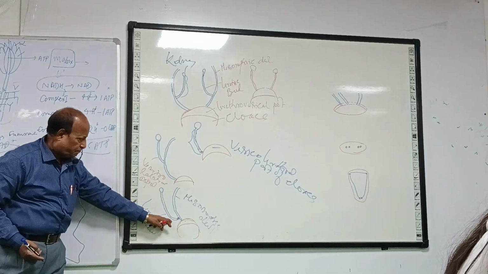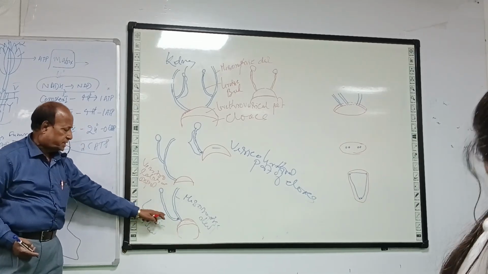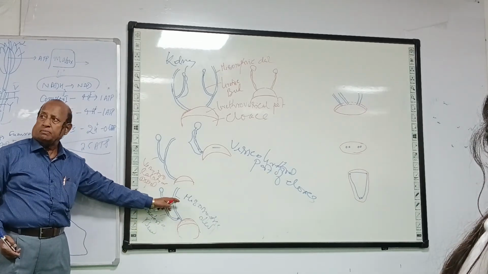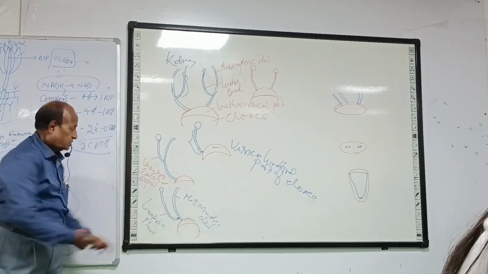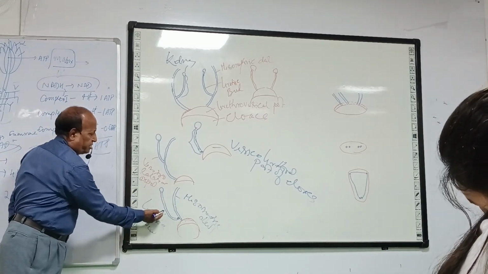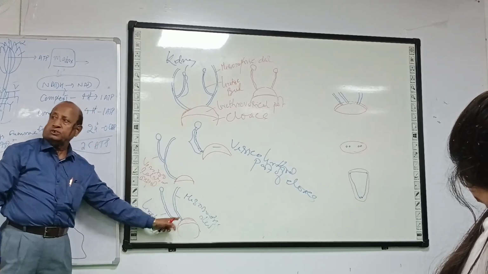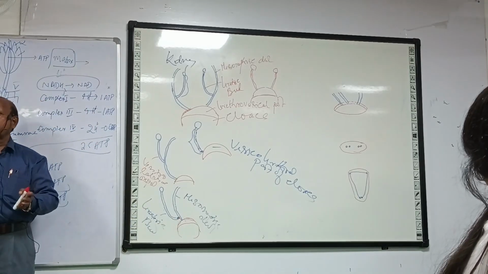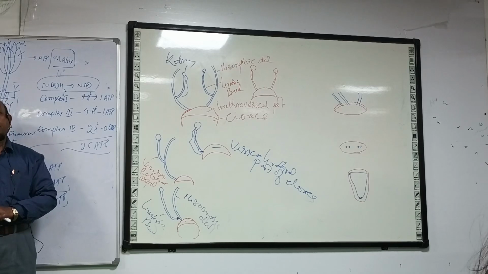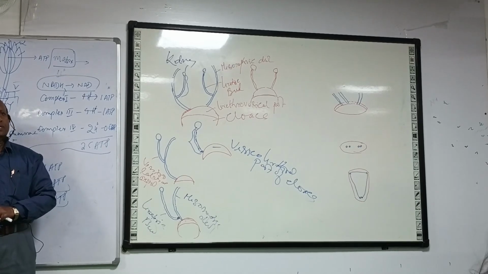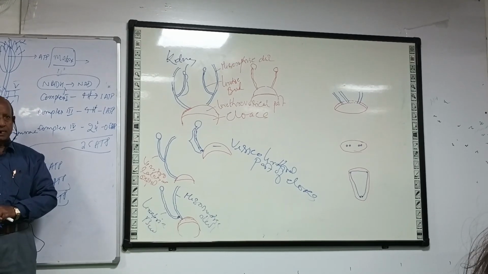This stem part of the ureteric bud becomes separated from the mesonephric duct. This is the mesonephric duct. This is the ureteric bud. So there is a separation. This dotted structure shows the separation process of the ureteric part from the mesonephric duct. You clear?